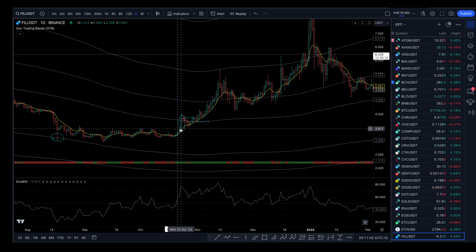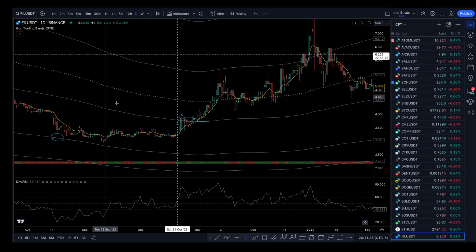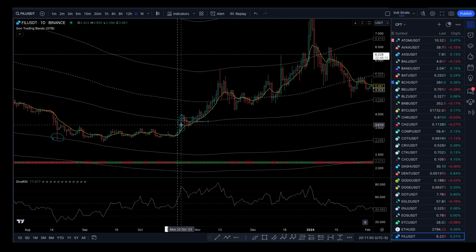And then anyways, what I wanted to talk about is this huge candle. You see that the DivaRSI pushes from 56 here when the move starts to 77.077 on this one candle. So often it will mean that there is some cool down coming.